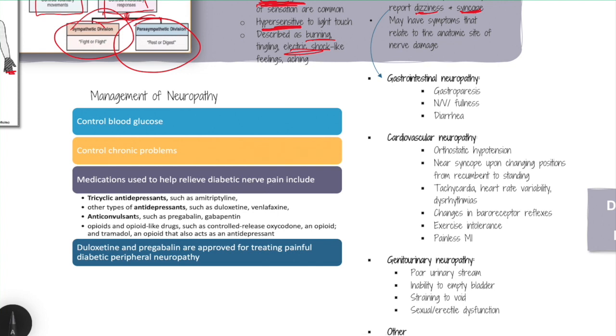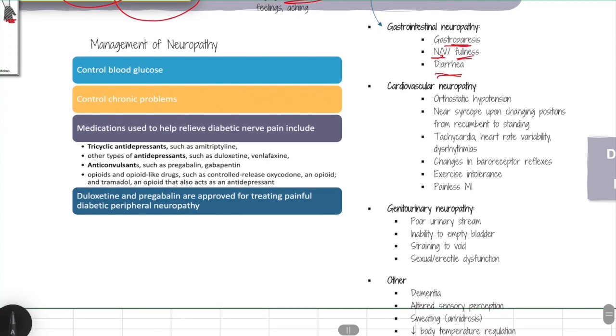So GI, you end up with gastroparesis, which is a slowing down of your GI system, like inhibiting peristalsis. Of course, that's going to give you a feeling of fullness, nausea, vomiting, and then sometimes diarrhea, which seems counterintuitive. Cardiovascular neuropathy has all the things you think it would. Orthostatic hypotension, near syncope usually when standing from lying down, right?